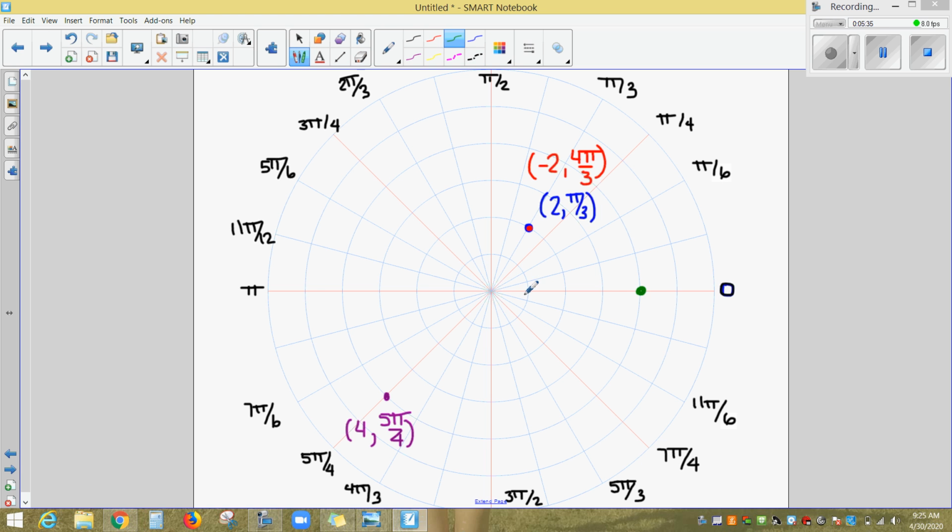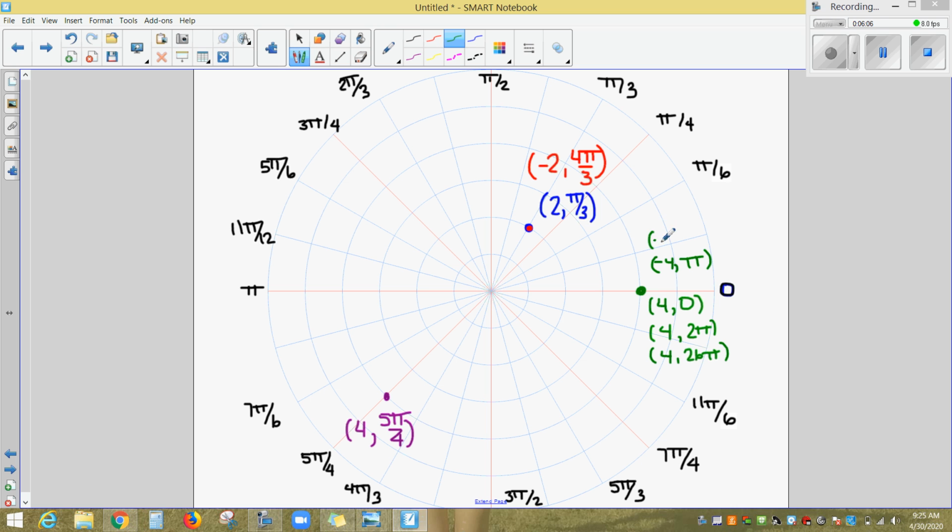If I'm standing right here, 1, 2, 3, 4, I've gone 4 steps and the direction was 0 degrees. If I want to talk about pi being my angle, then I've gone -4 steps. Or, of course, any multiple of 2 pi added to this. So I could call this (4, 2 pi), or (4, 26 pi).